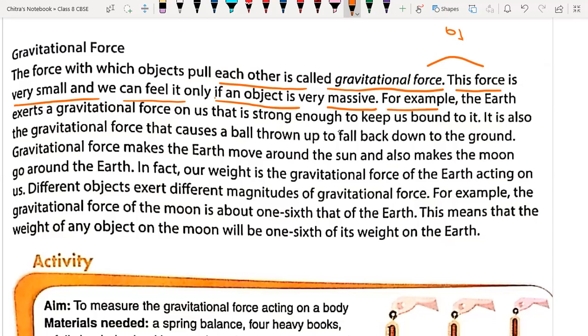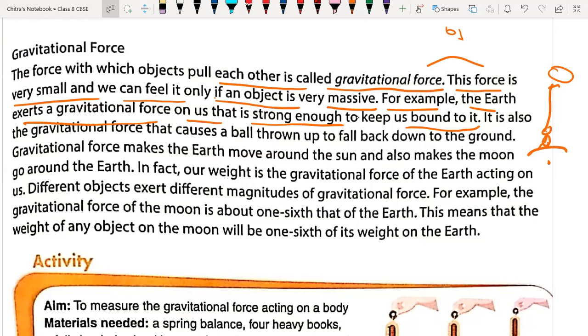For example, the earth exerts a gravitational force on us that is strong enough to keep us on the surface of the earth. If there were no gravitational force, then if you jumped slightly, you would travel toward space. But the earth's gravitational force keeps us bound to the earth.